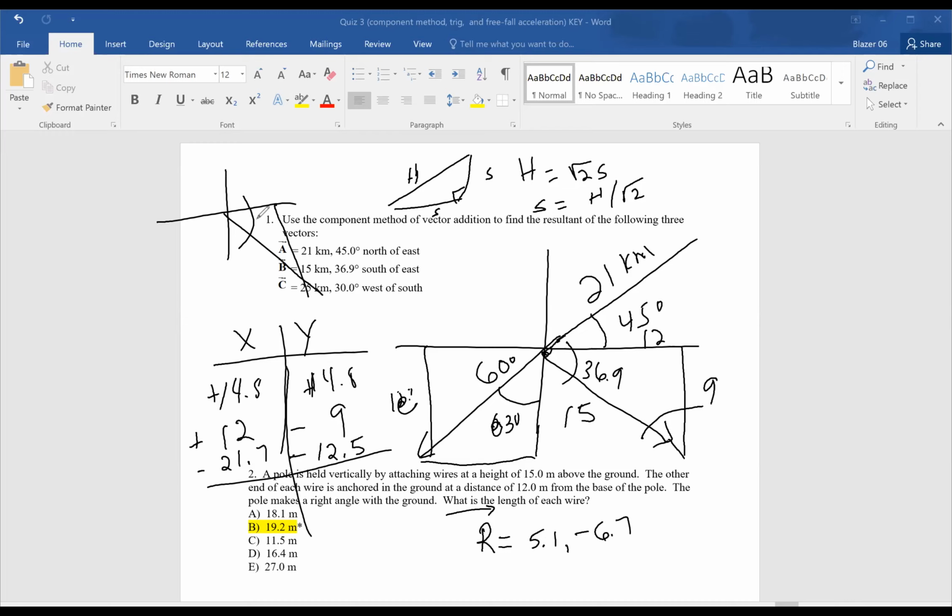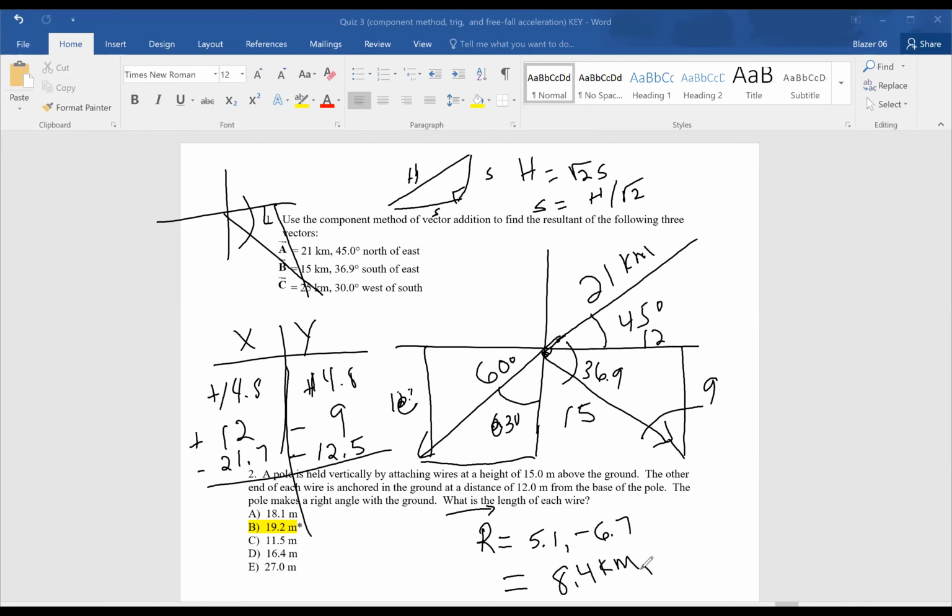So that vector now, class, has a magnitude that, of course, we have to use the Pythagorean theorem to find. So I have 5.1 squared plus 6.7 squared, and that will give me, I think it was 8.4. So 8.4 kilometers. That's the resultant magnitude.